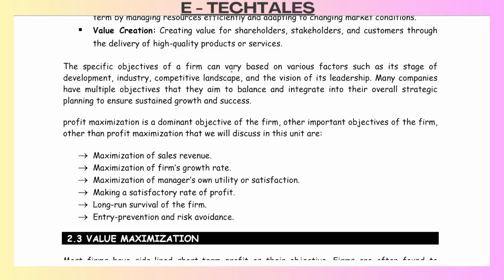So how to restrict the competitors, and we have to control risk avoidance of the company itself. So these are the other points that you can write as objectives of the firm, right?